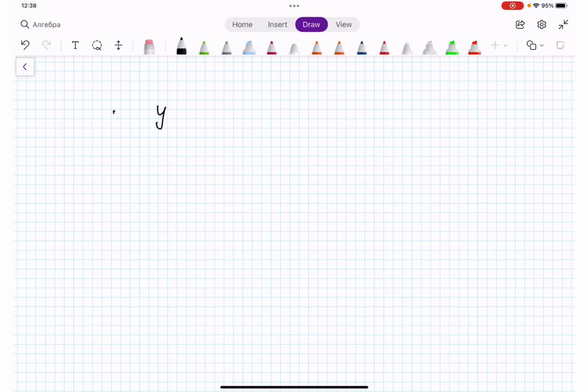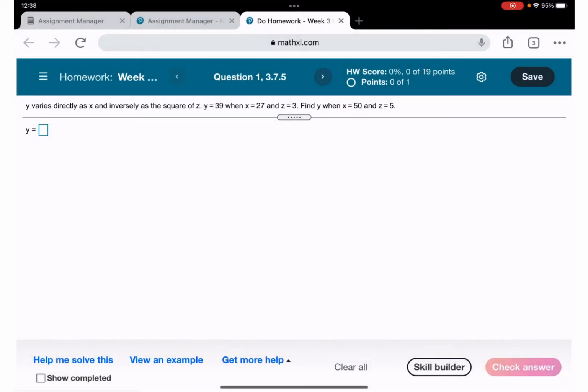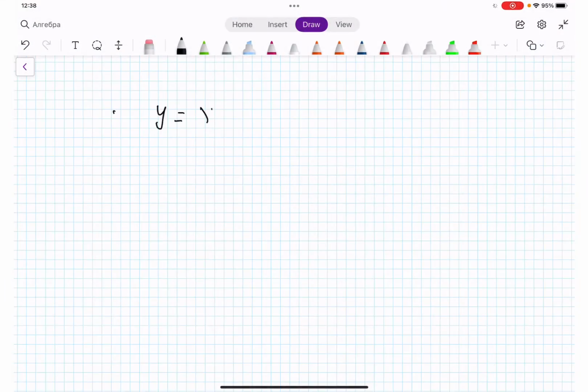Y varies directly as x. How do we show that it varies directly as x? We use the coefficient of proportionality, k. And inversely as z squared.